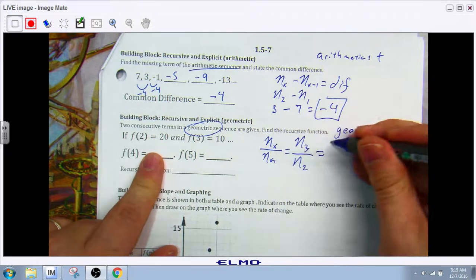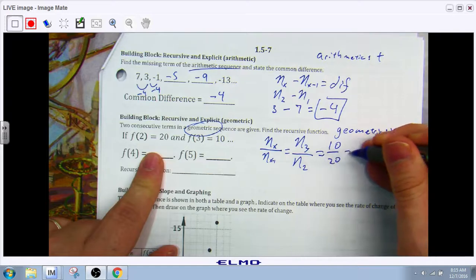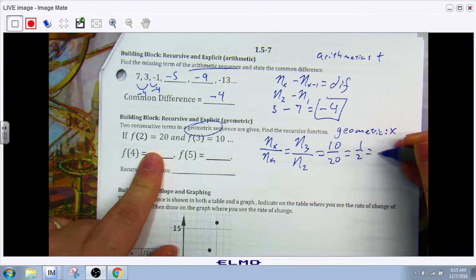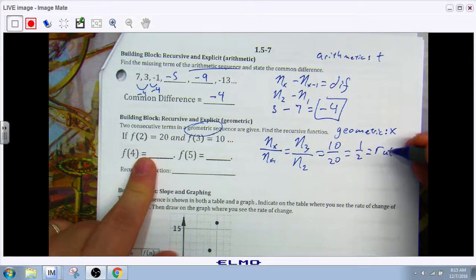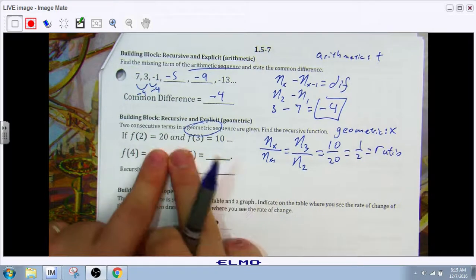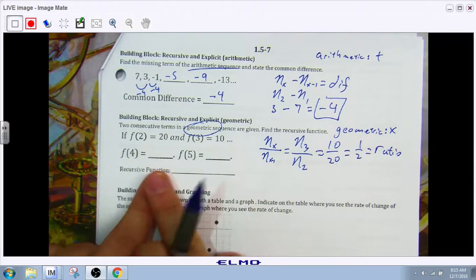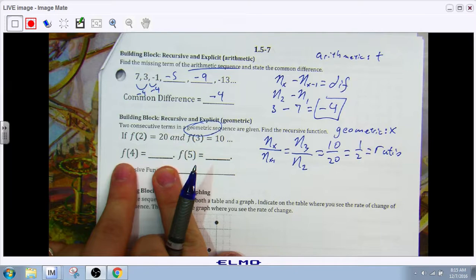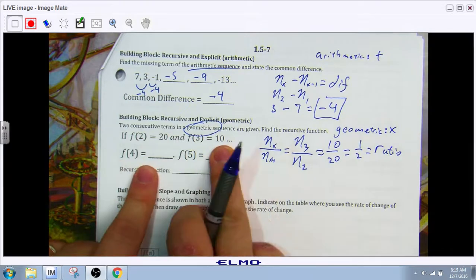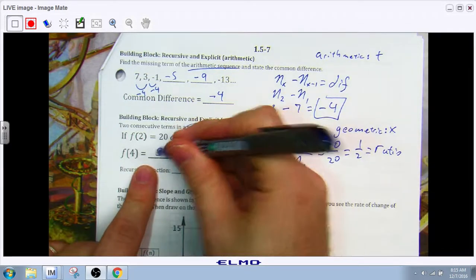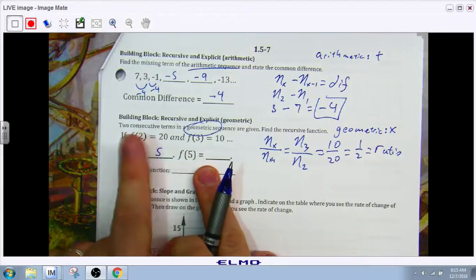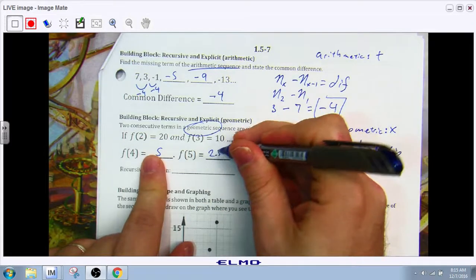So I could take 10 divided by 20, and that would give me 1/2. This would be my common ratio. But I could also just see that 10 is half of 20, so the next step, my f of 4, my fourth term, is going to be half of 10, which is 5. And my fifth is going to be half of 5, which is 2.5.